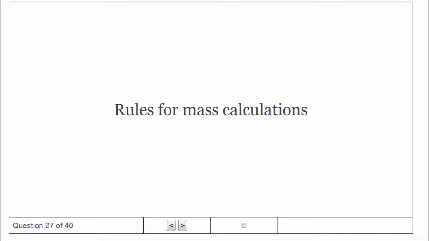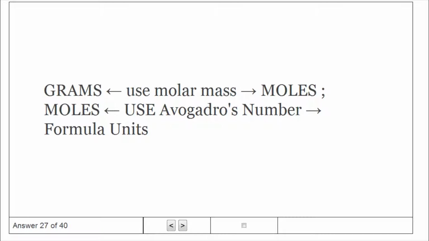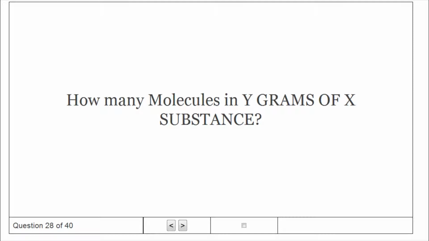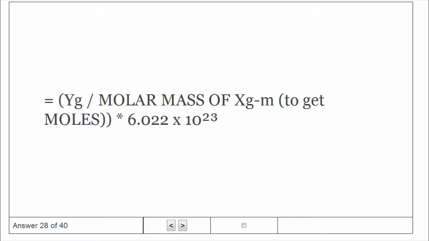Rules for mass calculations: grams use molar mass; moles use Avogadro's number, formula units. How many molecules in Y grams of X substance? Equals moles X times 6.022 x 10^23.